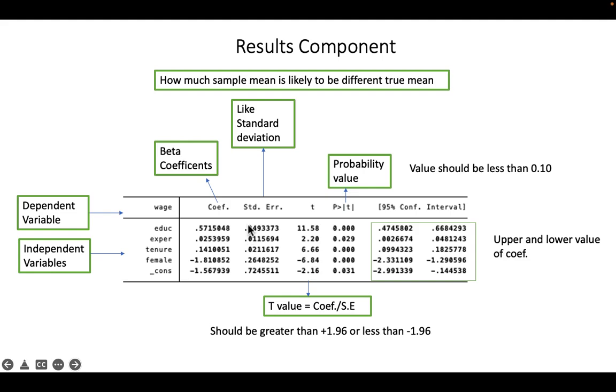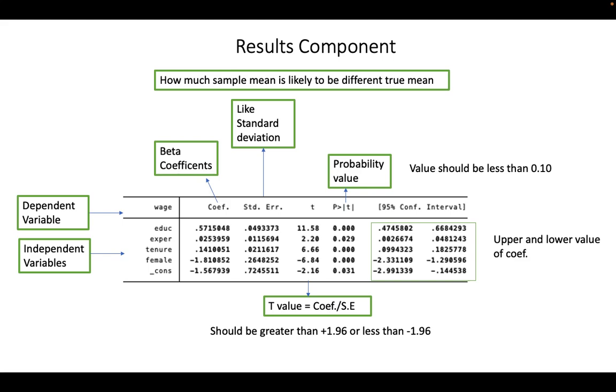So this is telling you how your sample beta is different from the population beta. It's like standard deviation, but not quite, because standard deviation is within a sample, and this is between samples. It's like the sample mean being different from the true mean.